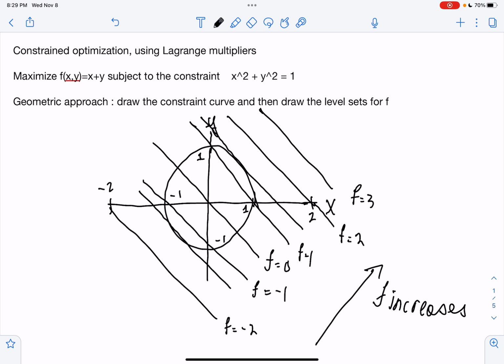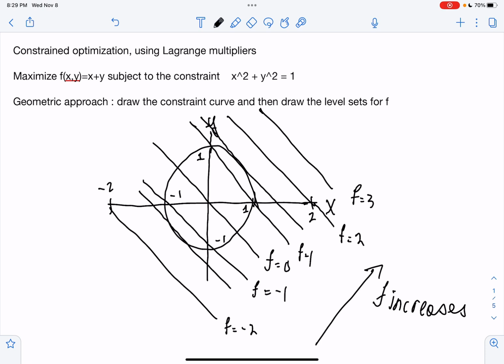plane R2. So here we have a picture of the plane. We've drawn the level sets of f. Ignore for a moment the circle. We'll come to that next. When we look at the level sets, what we see is that as we go up in the diagonal, the values of f increase, and they just keep increasing forever.